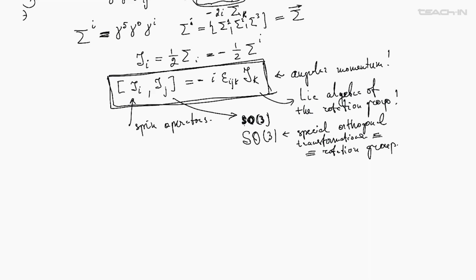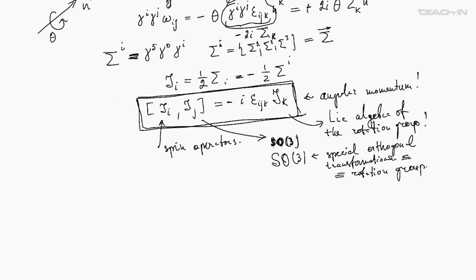So the objects which we see here are realized in terms of 4x4 matrices. But what we are realizing is, in fact, the rotation group SO(3), or its Lie algebra so(3). Okay? That is what we are doing here. Yeah, fine.